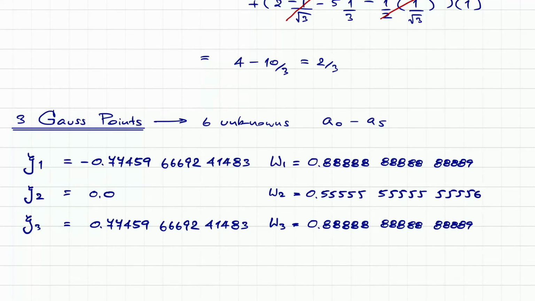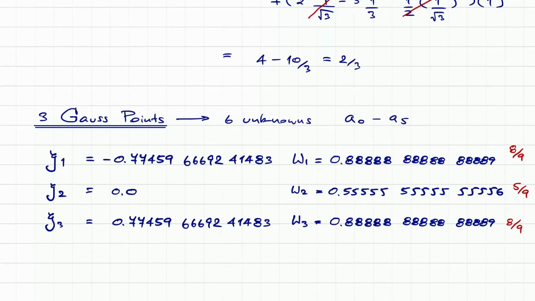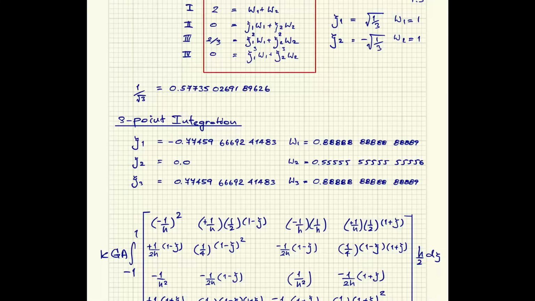This got to be what, 8 over 9, 5 over 9, 8 over 9. I'm not exactly sure about this number. The square root of something over... I will see if I can keep it there.